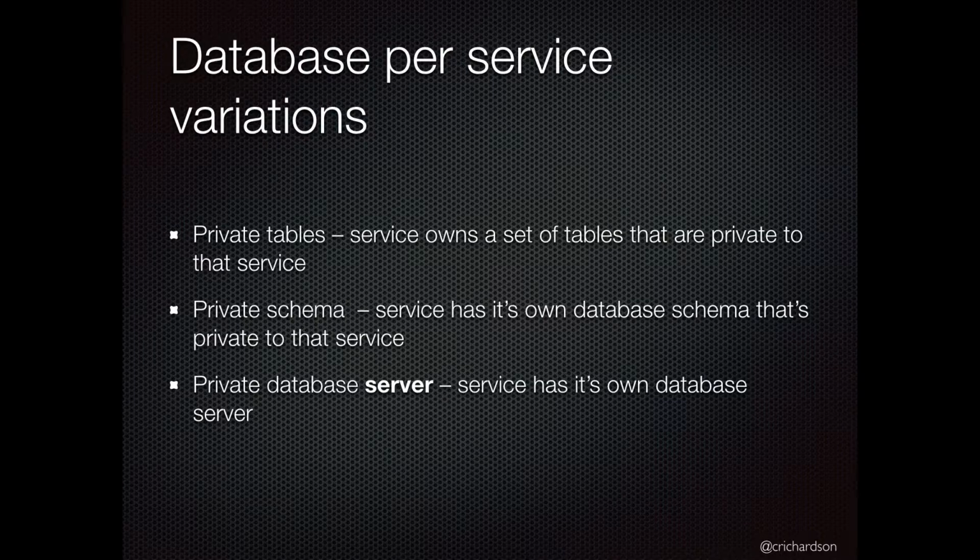You could have a single database server, where a service owns its tables within that database and no one else can access them. That's just a rule, and maybe you can enforce it using a security mechanism of the database. Or similarly, a service could have its own database schema that's private to it, and no one else can access it. Or in some cases, a service could have its own database server. It depends; there are different ways of realizing this.